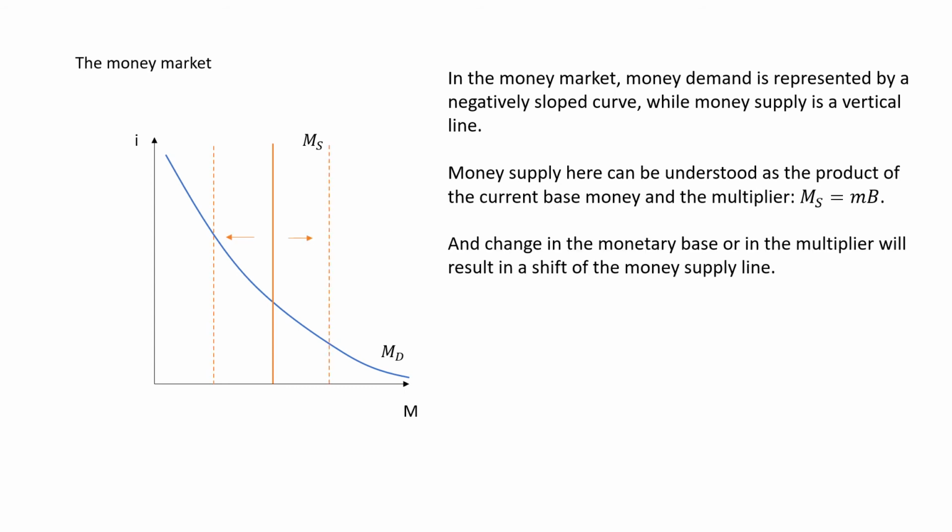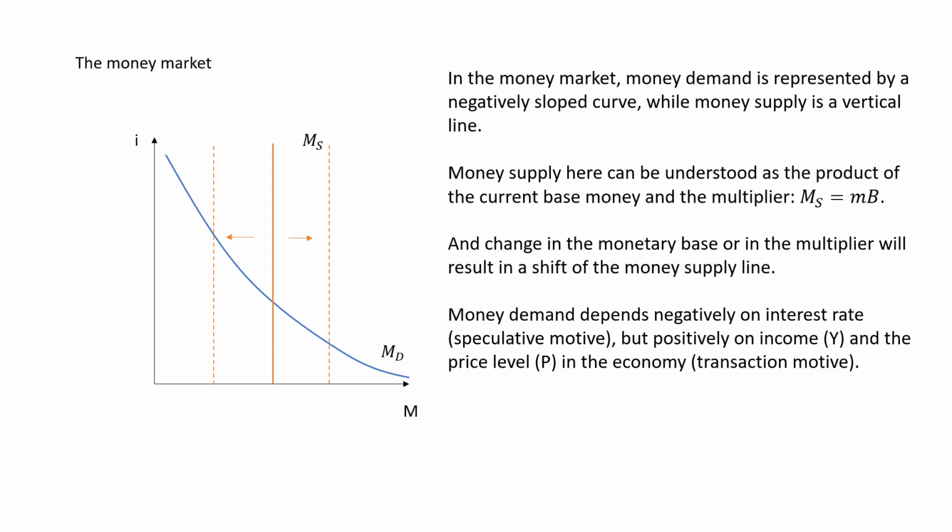Now, if there is a change in either the monetary base or in the multiplier, then the money supply line can shift to the left or to the right. The money demand is negatively sloped and it incorporates both motives of the demand for money.